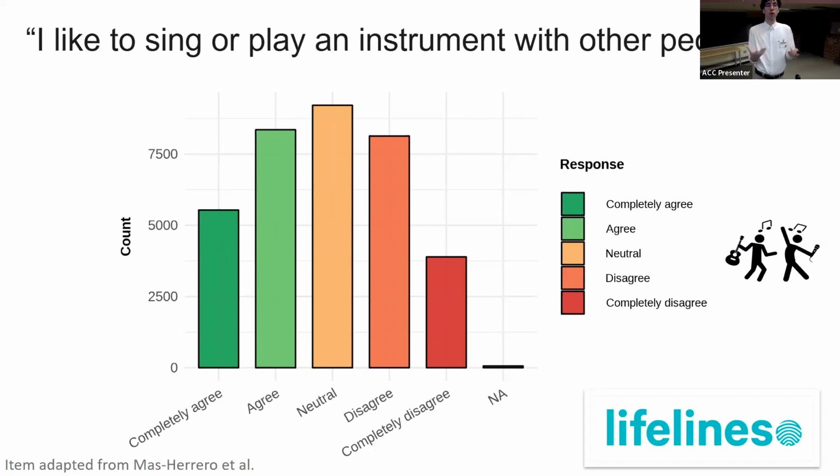It's the reward that you have when you engage actively in social musical activities. Participants could respond to 5 different options, from completely agree to completely disagree, and you can see that the distribution of the data is relatively normal, representative of what we would see in the general population. This was collected in over 30,000 individuals.